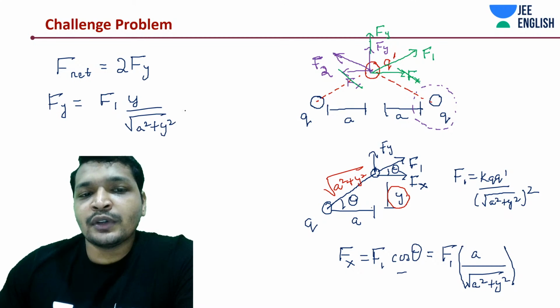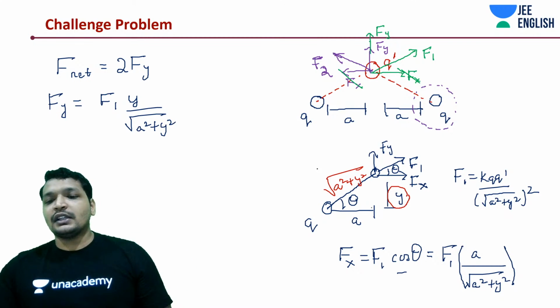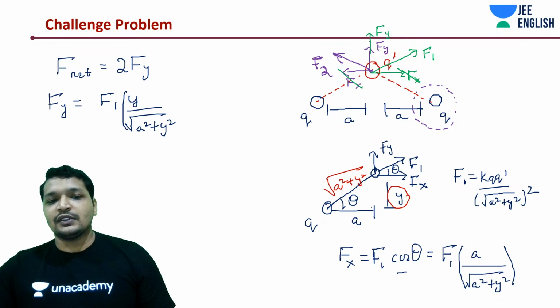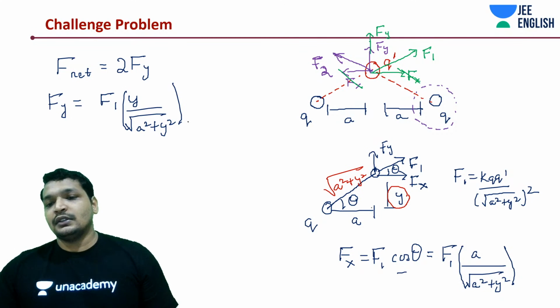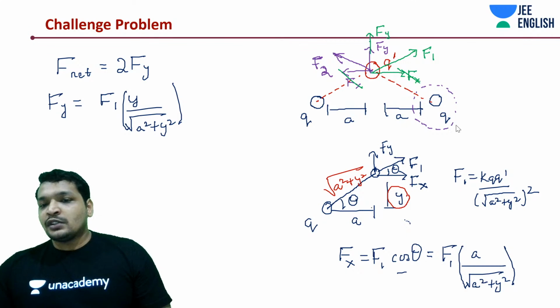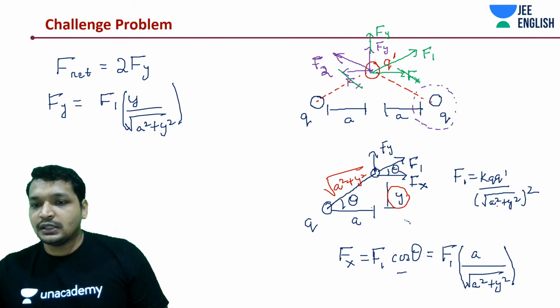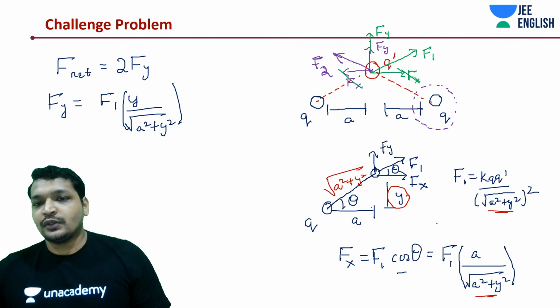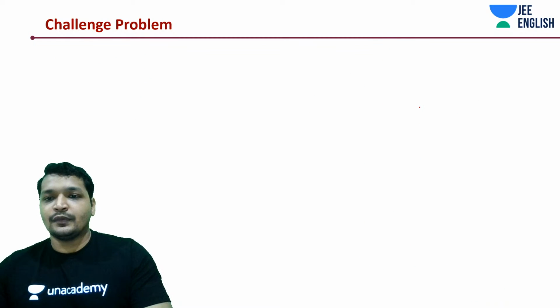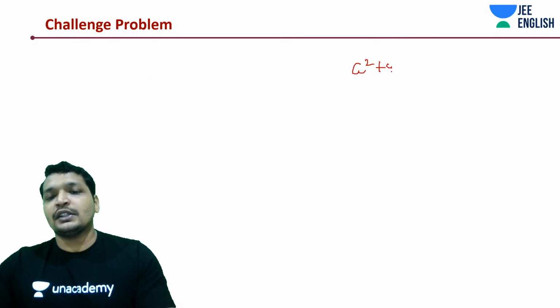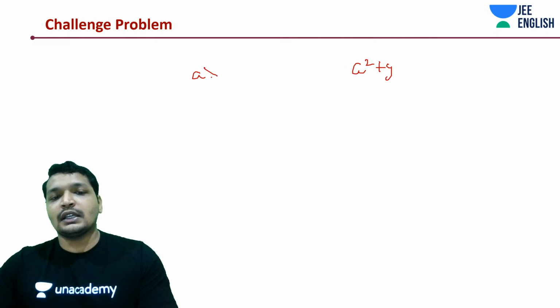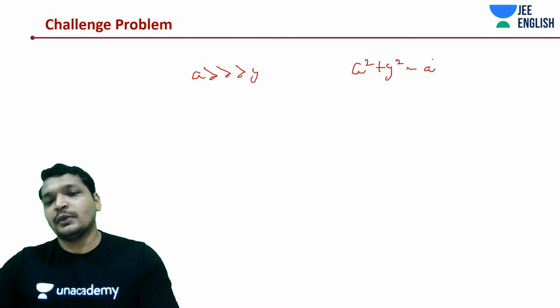You will write down a square plus y square as just a square. Similarly, you will have another a square plus y square, which will be again a square. So it is proportional to just y. Even this a square plus y square can be written as a square, since a is greater than y. A square plus y square is approximately a square.